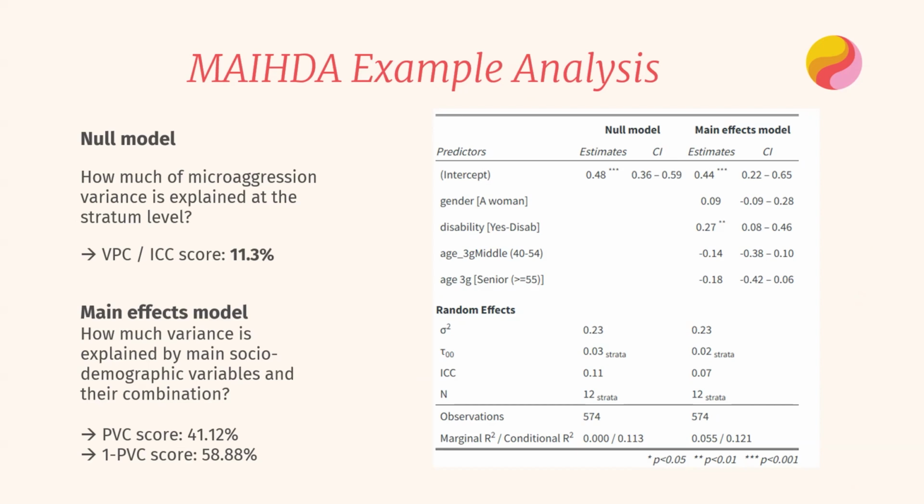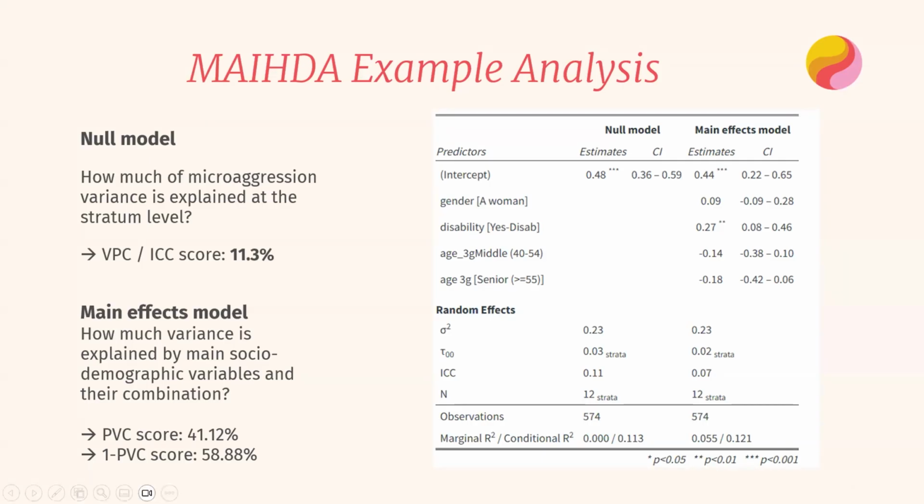But since these groups also include the main effects, so in our case gender, disability, and age, you need to separate this out, and this is done in the main effects model, which then shows how much of this variance is really due to someone having a disability or permanent health issue, being a woman or a man, and so on and so forth.